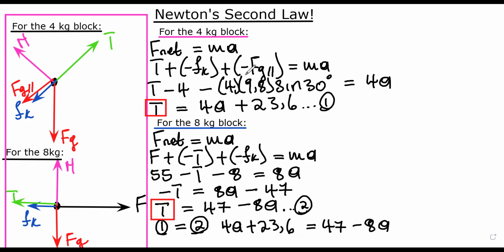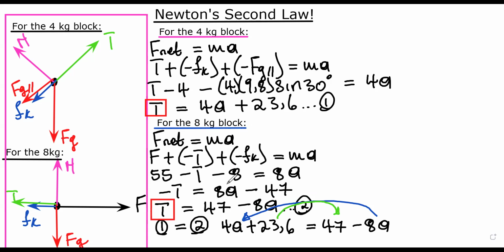And of course, we just do what we learned in grade 1, which is to collect the like terms, right? So we can take this 4A to the right, or we can take the 8A to the left. But let's take the 8A to the left because it's negative anyway. And then we can take this 23.6 to the right-hand side.